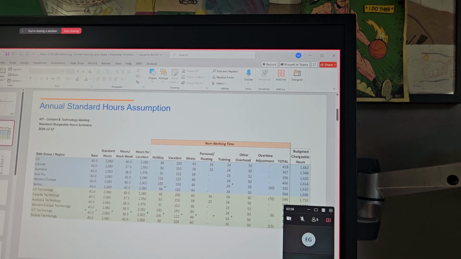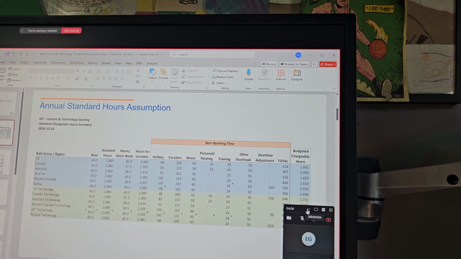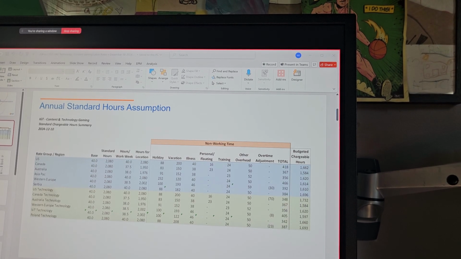Okay, so what we do, Justin, how are you, bud? We've chatted before. What we do is we start with 2,080 hours for everybody. That's 40 hours a week times 52 weeks a year. And then we back out the statutory holidays, assumed vacations, any sick time, any floating time, the hours we give for training, any overhead.